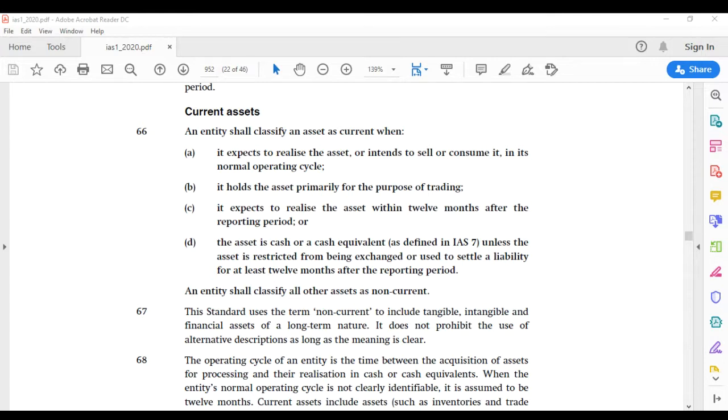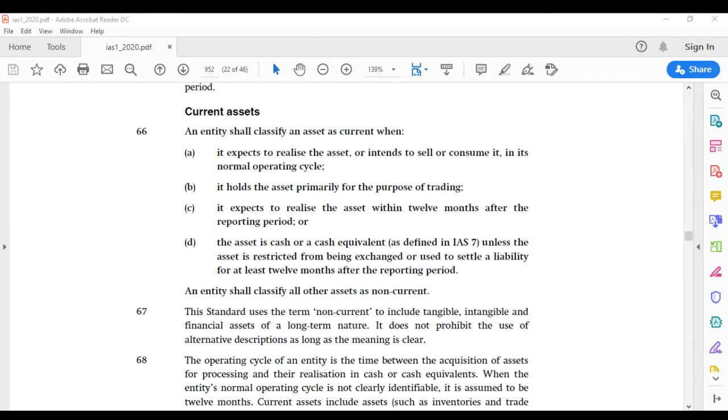Now, let's think of a few other examples. What about a 32-day notice deposit? What is a notice deposit? A notice deposit is where you have to give the bank where you have deposited the money advance notice that you are going to withdraw it.